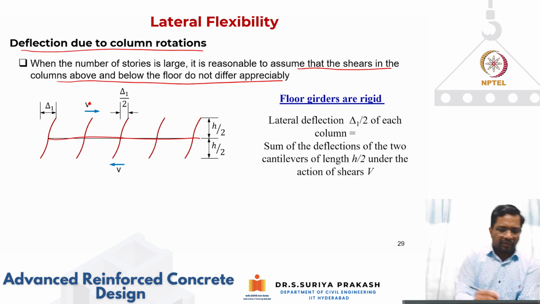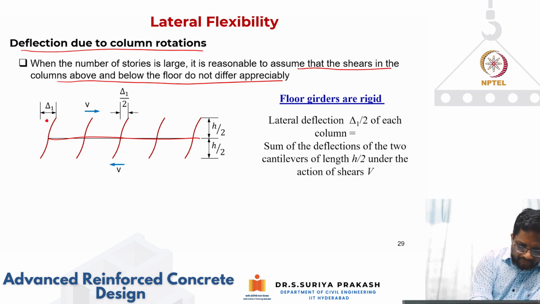Now, if I take this small portion, this total thing is delta naught. This part is your delta 1, and this is going to be delta 1 by 2.